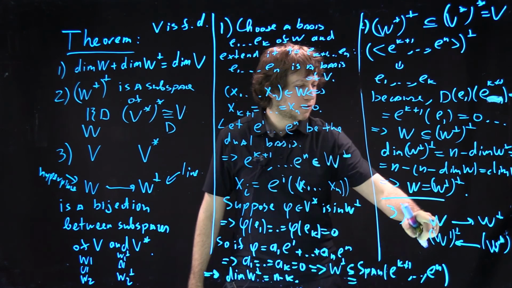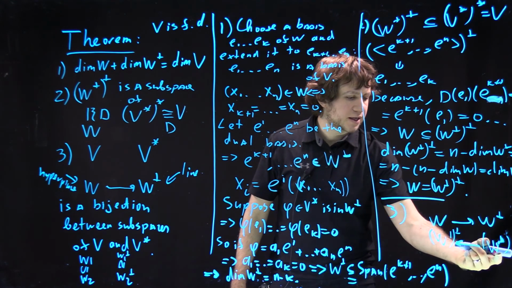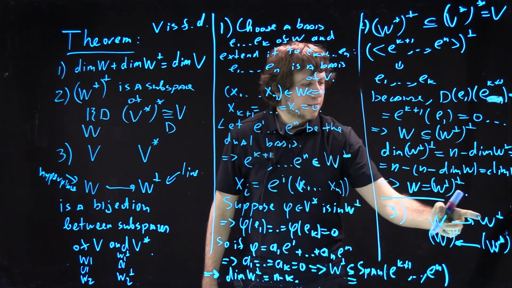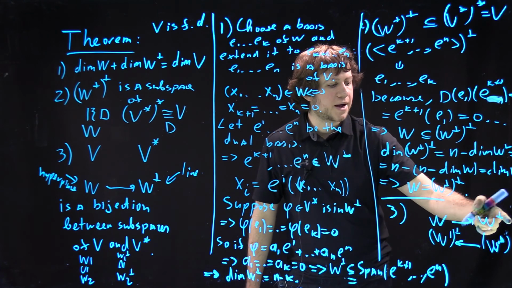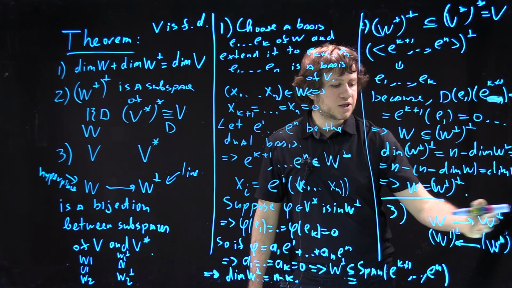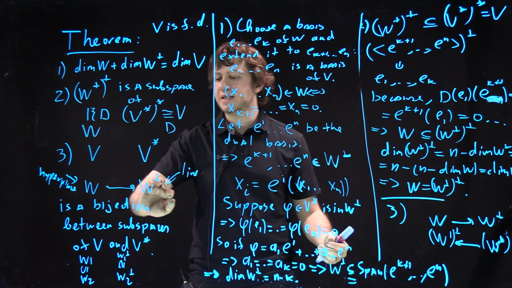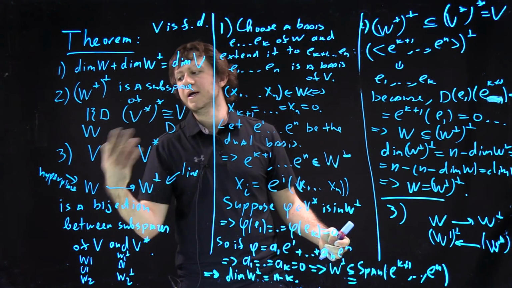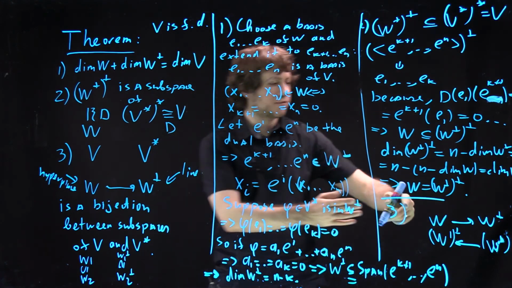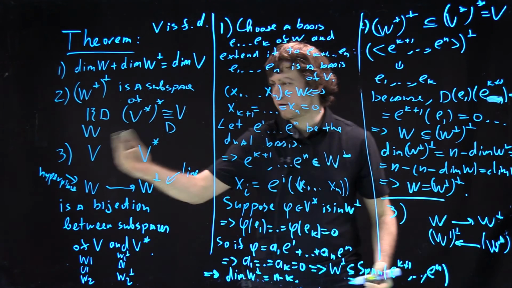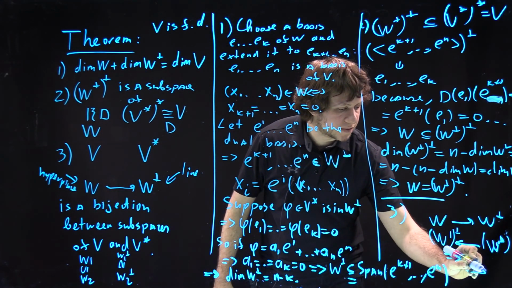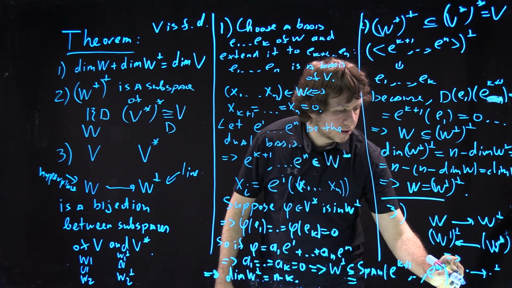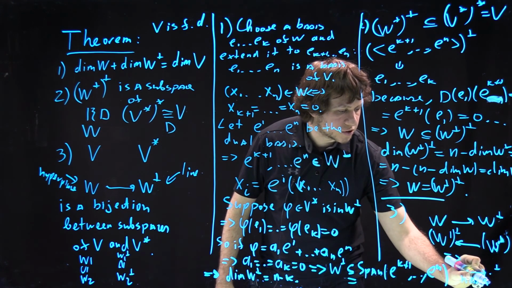If you take W, go to W perp, and then apply the map again, you get W back. And if you start with something on the other side, you go to perp and you get perp back, which is again the same space. So this means you have a map, and the same kind of map, the same perp, is its inverse. And when you have two maps which are inverses of each other, you have a bijection. So this map which takes a subspace to its perp has an inverse, and so it is a bijection.